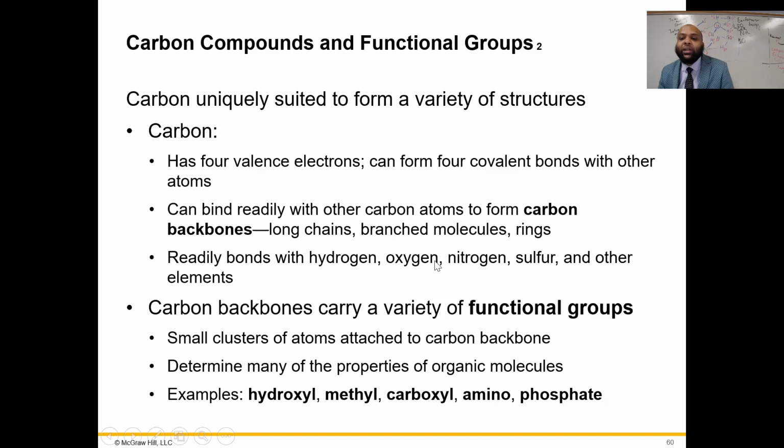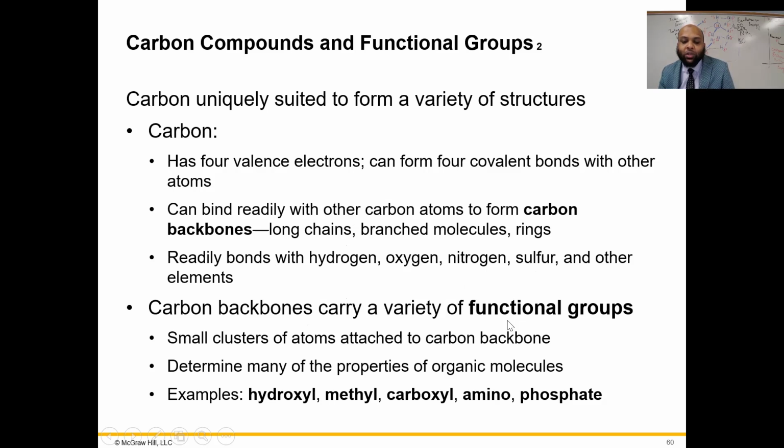It can bind readily with other carbon atoms to form carbon backbones, which are long chains of branched molecules and rings. Carbon binds readily with hydrogen, oxygen, nitrogen, sulfur, and other elements. Carbon backbones carry a variety of functional groups.